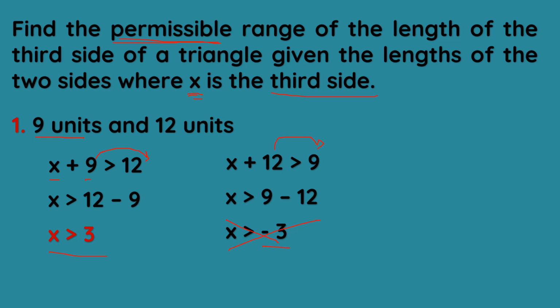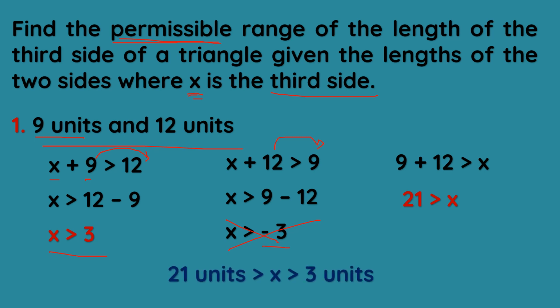The last one is to compare now the sum of the two given lengths to the third side. We have 9 plus 12 is 21. So 21 must be greater than x. So if we try now to look at the range, our final answer must be written in this way. We have x is the third side.